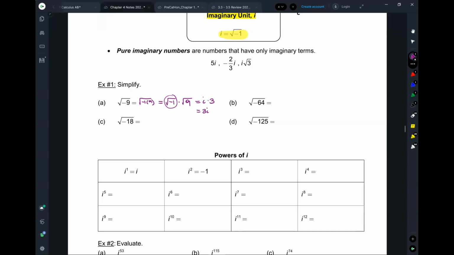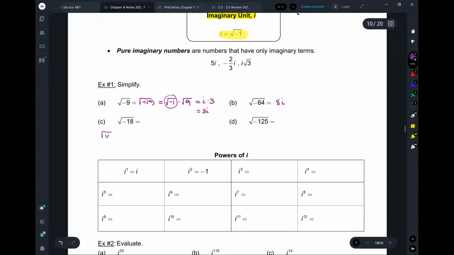Are you going to do all this every single time? Please no. Okay? If you look at a number like this, the square root of -64, root 64 is 8, but there is a negative inside which comes out as an i basically. So it's 8i. Okay? Now, the square root of -18.